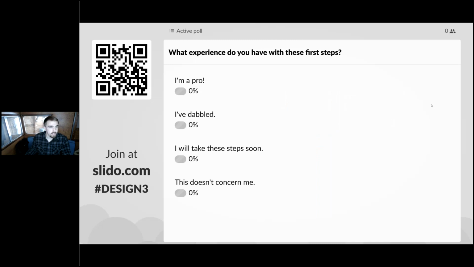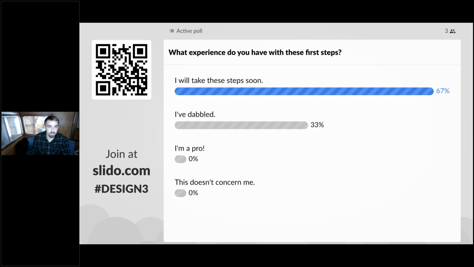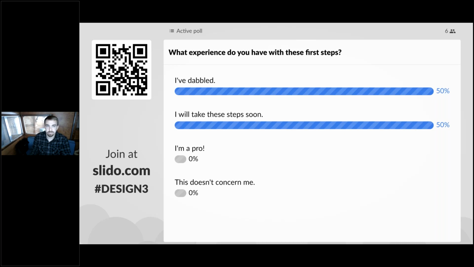So now we'll check in here, get some feedback from you guys. What experience do you have with these first steps in the process? This is just a simple level of experience, but if you want to put anything in the chat or the Q&A, and maybe share any weird situations you've been in based off these steps, and any big pieces of advice based off what I've given here, that would be great to hear.